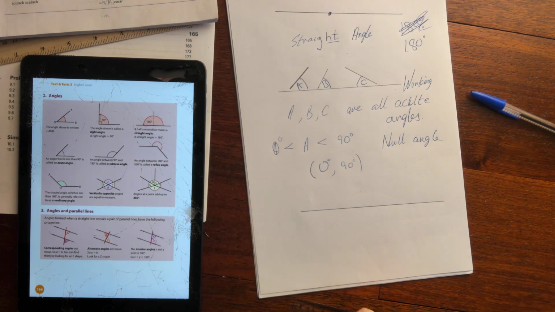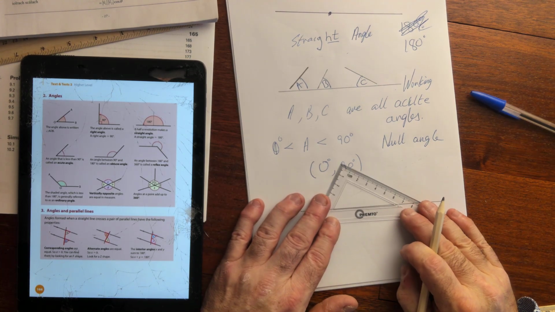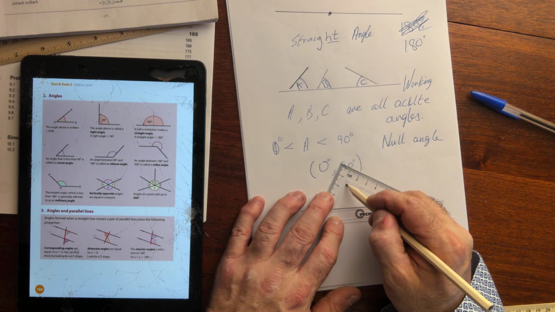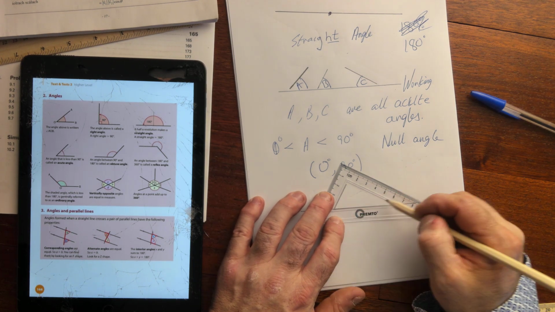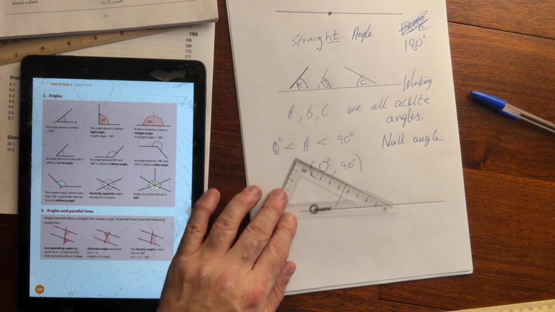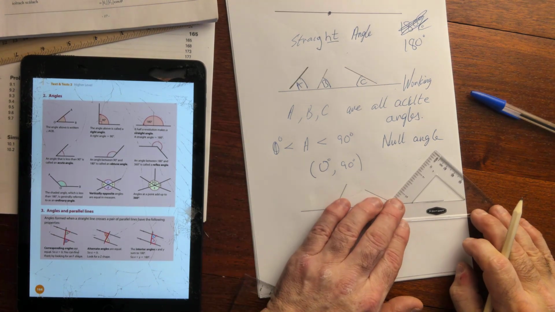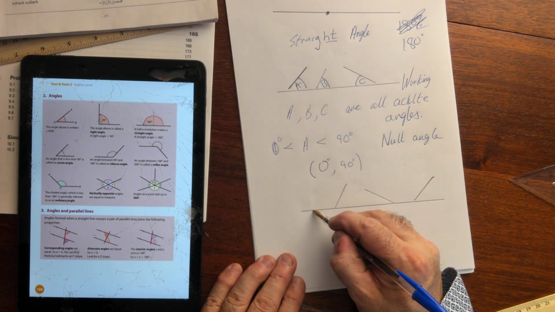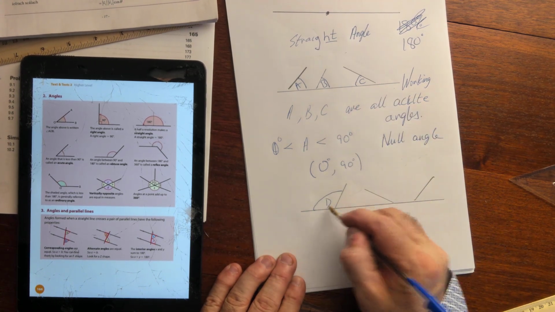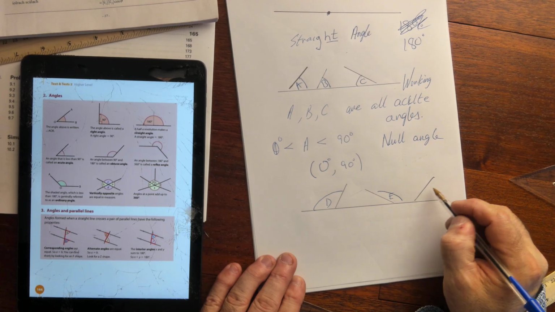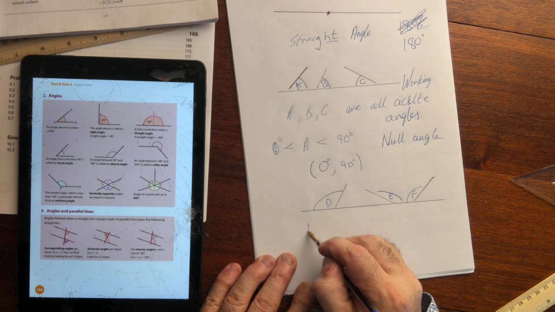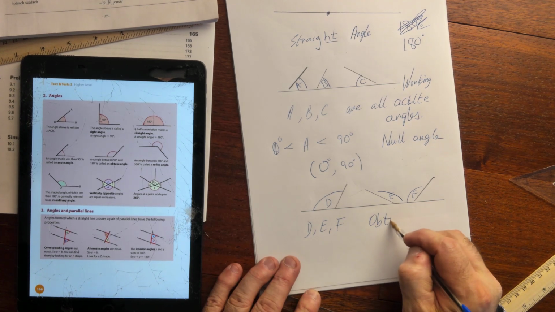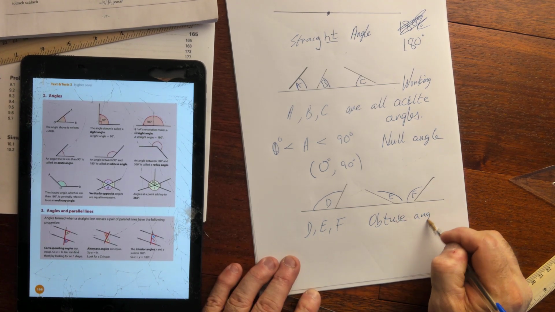No difference here in terms of the construction, only that we'll choose what we call the supplementary angles. So I'm going to do this and this and this, and we'll talk about A, B, C, D, E, and F. So angles D, E, and F are all examples of obtuse angles.